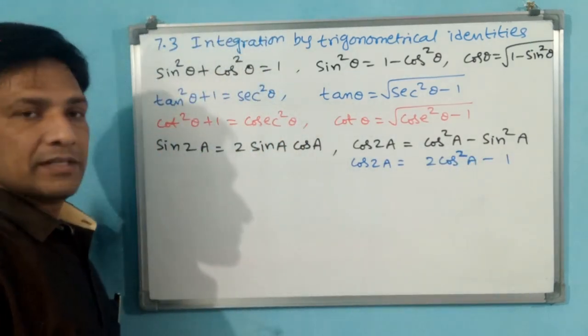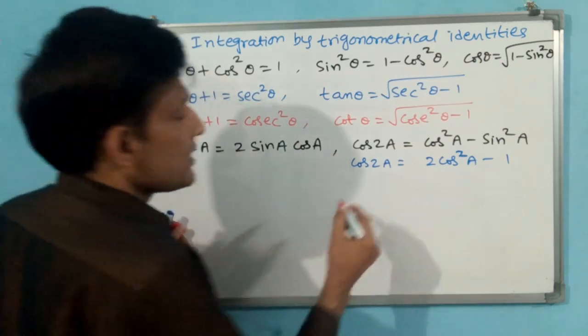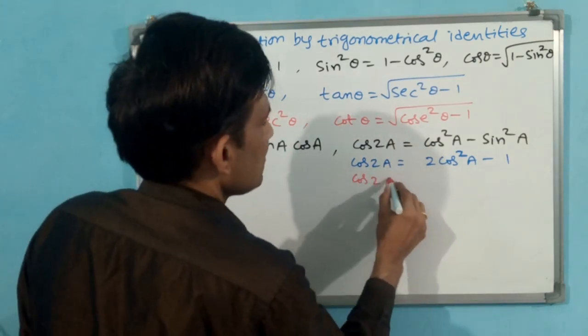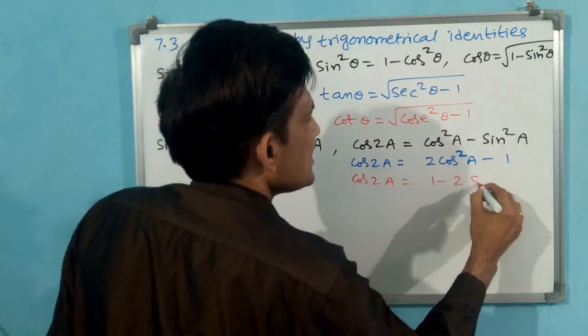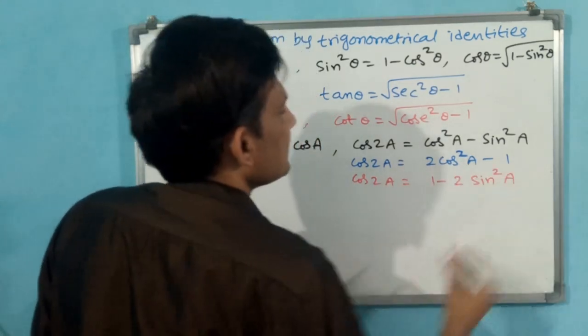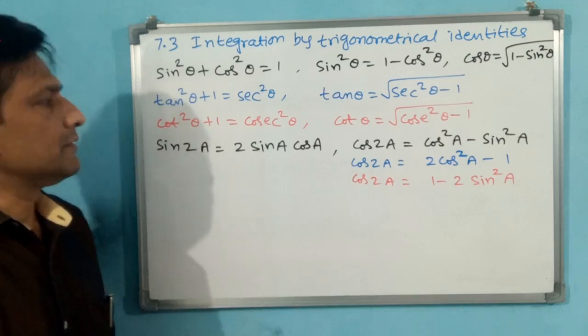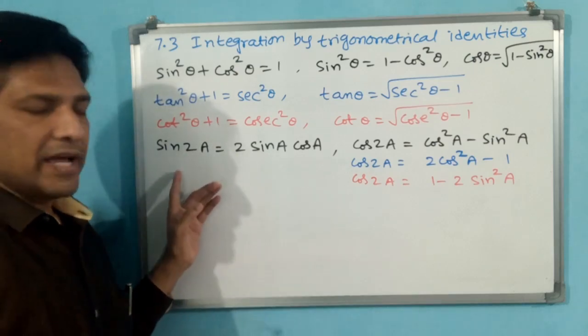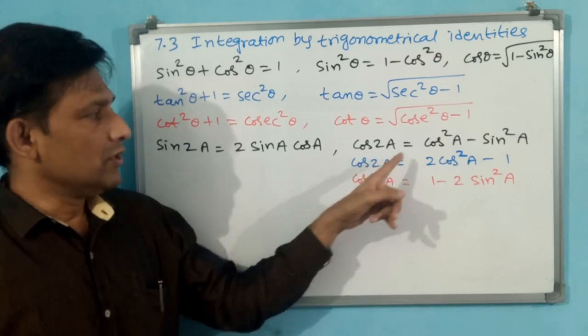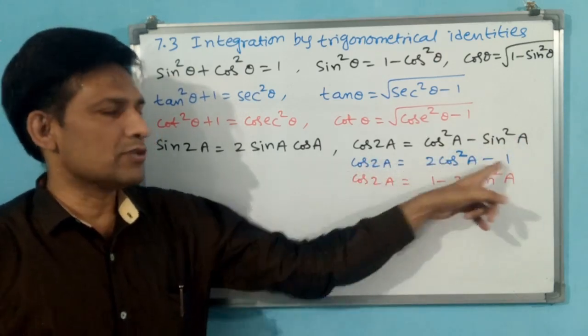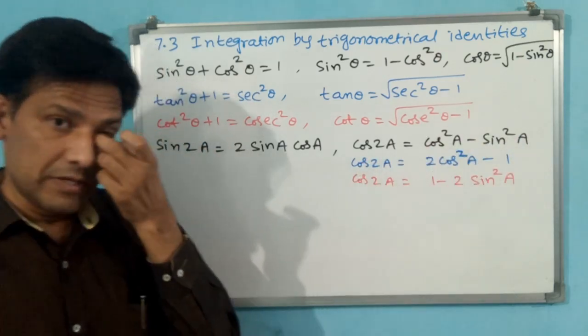Then a third one: cos 2a is equal to 1 minus 2 sin square a. So for sin only sin 2a is equal to 2 sin a cos a, but for cos 2a, we have cos square a minus sin square a, 2 cos square a minus 1, and 1 minus 2 sin square a. This much are there.